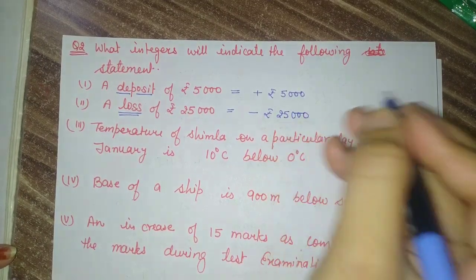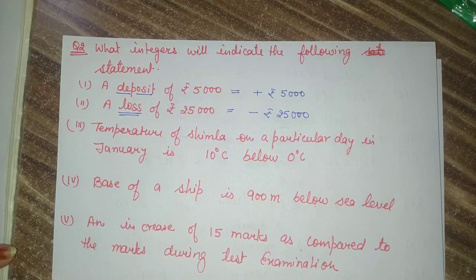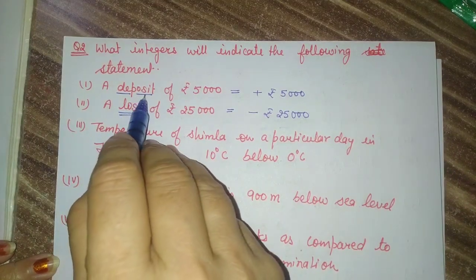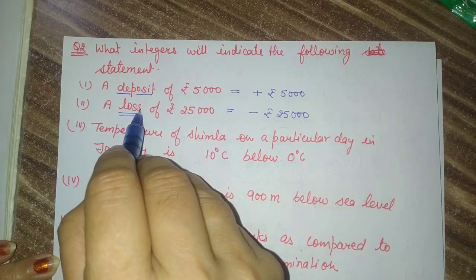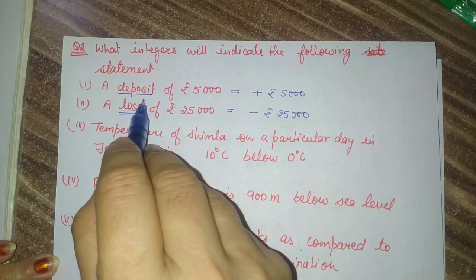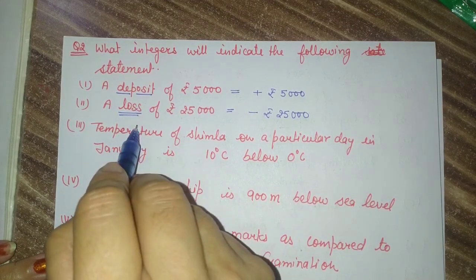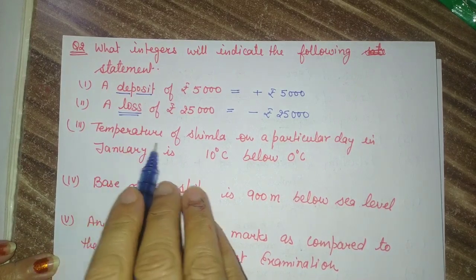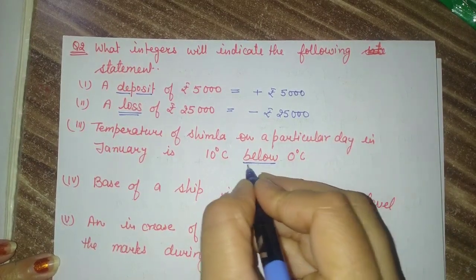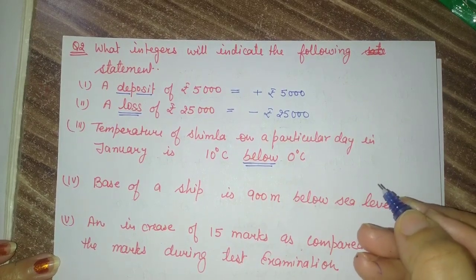Students, whenever you are going to write a positive number or a negative number from a statement, you have to recognize the key terms. For that we are using negative or positive sign. So these key terms are deposit, loss. A temperature of Shimla on a particular day, 10 degree below 0 degree.